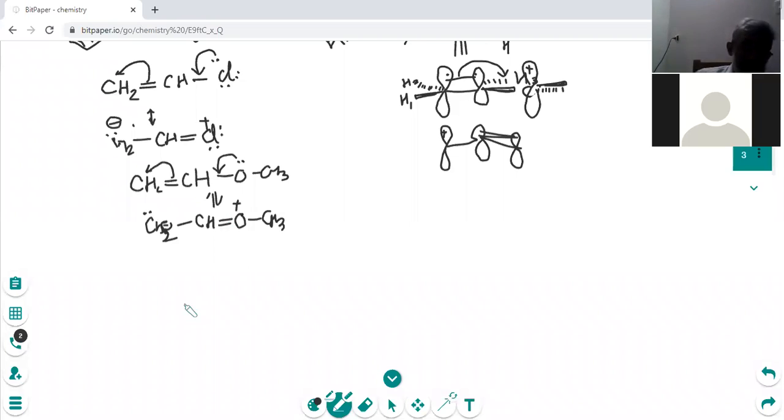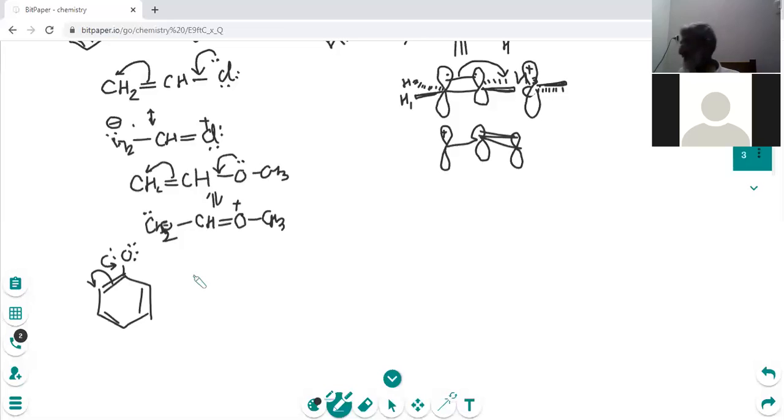Now let us write the resonance structures of aromatic compounds. That is more important than the other ones. I'm giving you phenoxide anion. Draw the resonance structures of phenoxide anion. The first structure I will write.